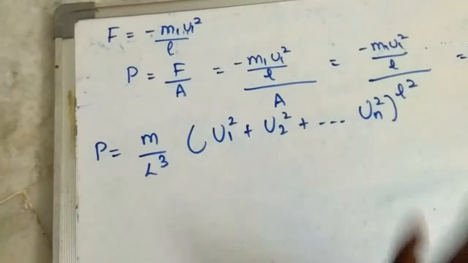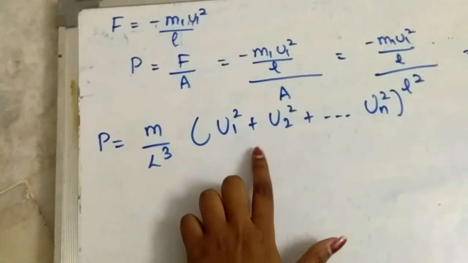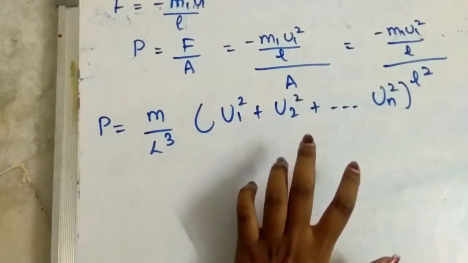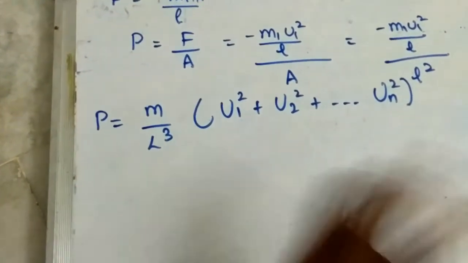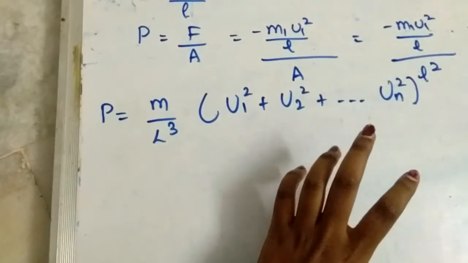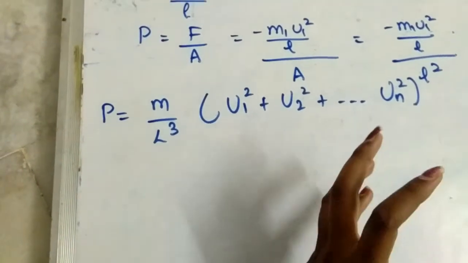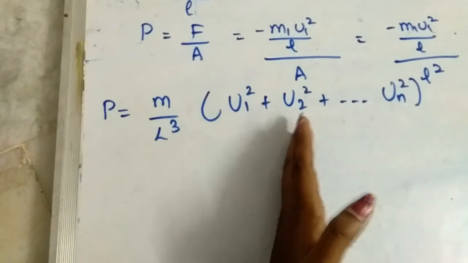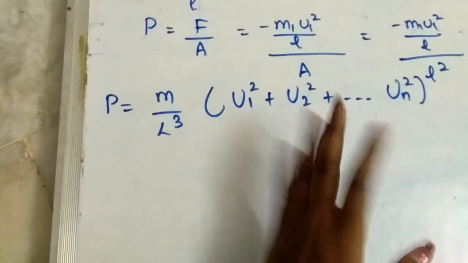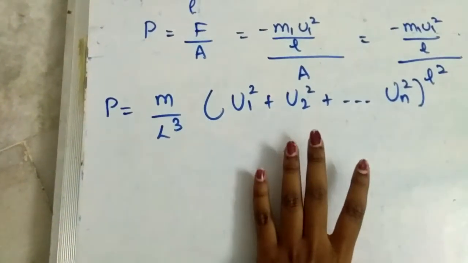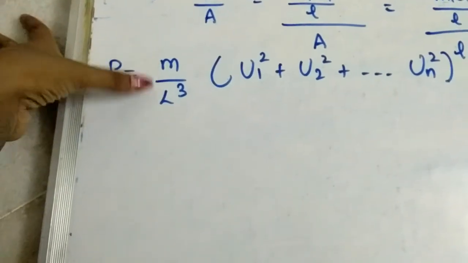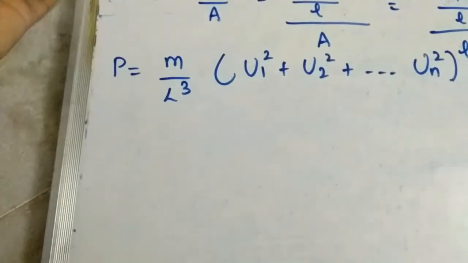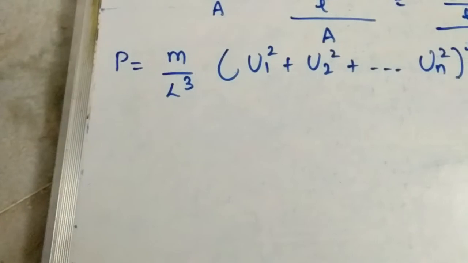We have taken the velocity only along the x-axis and not along any other axis. As the mass and length are equal for each molecule, we took these both as common, and the velocity itself we put aside.